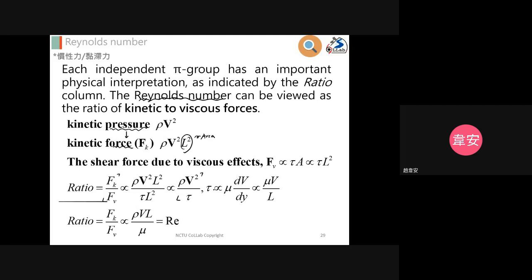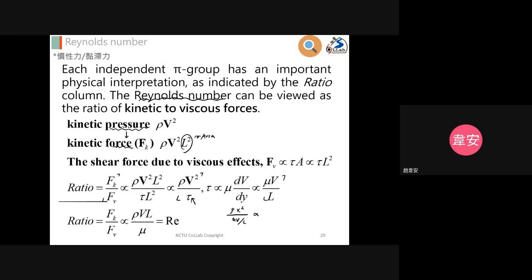And we know that the shear stress is proportional to the viscosity mu multiplied by the velocity gradient. The upper is the velocity and the bottom is the length. So rho v squared and tau can be replaced by mu v divided by L.